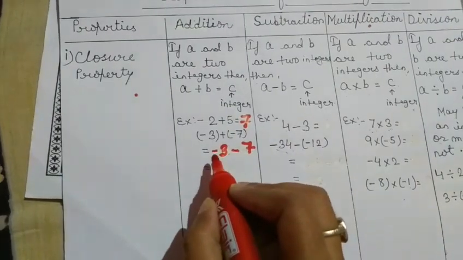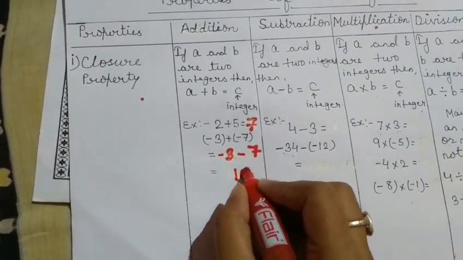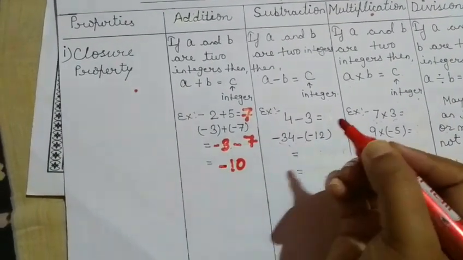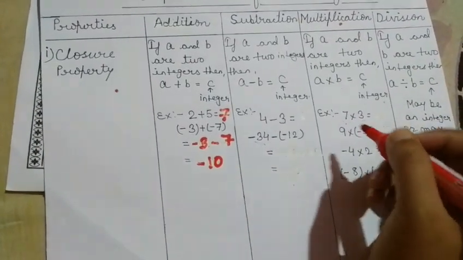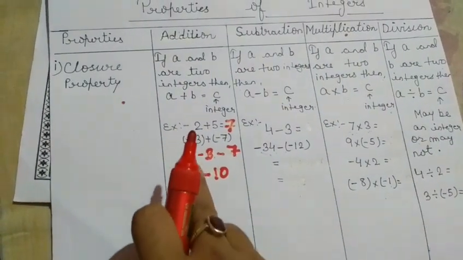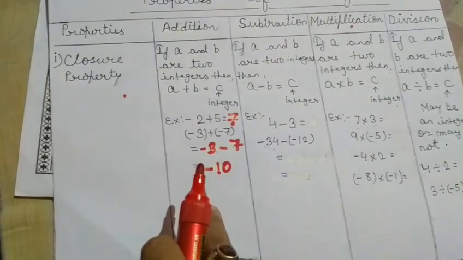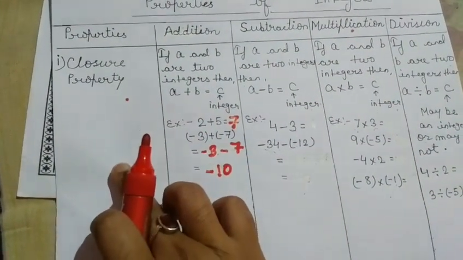Then 7 plus 3, 10, and we will take common sign, that means minus. Understand? Okay, so by these examples we can understand clearly here that addition follows closure property.